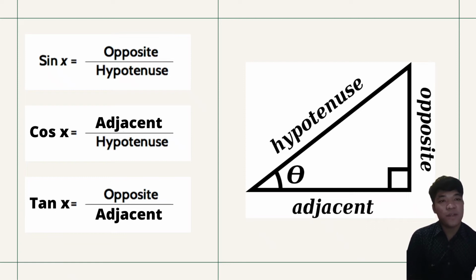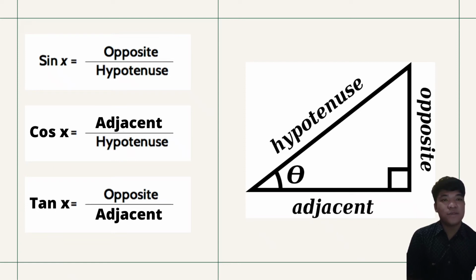And if there is an angle, this is called theta. You can locate the opposite by locating the opposite side of this angle theta. So here, this is the opposite side, and the last one is the adjacent, the remaining side.